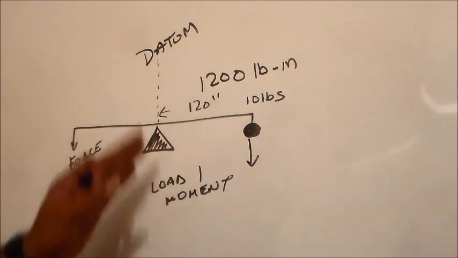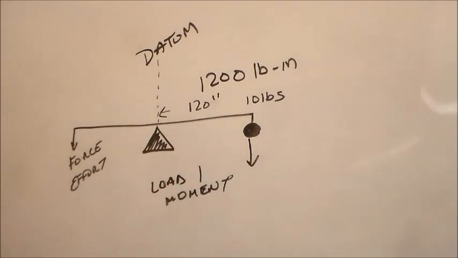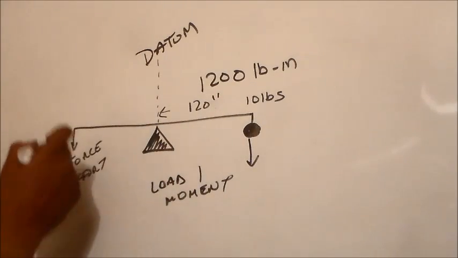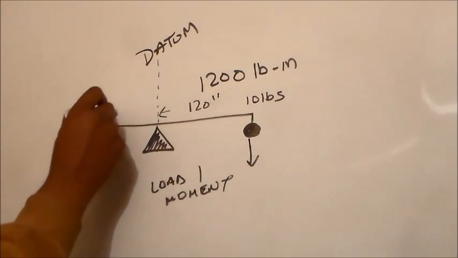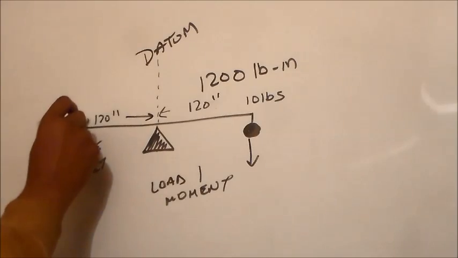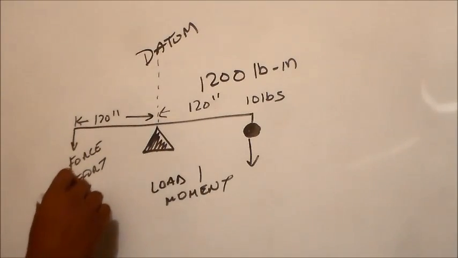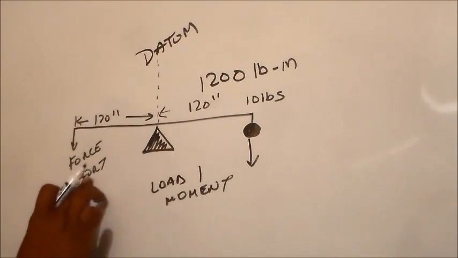So this would be 1,200 pound inches. And in order for this to perfectly balance out, this would have to be 120 inches, and the force that we exert is going to have to be 10 pounds.